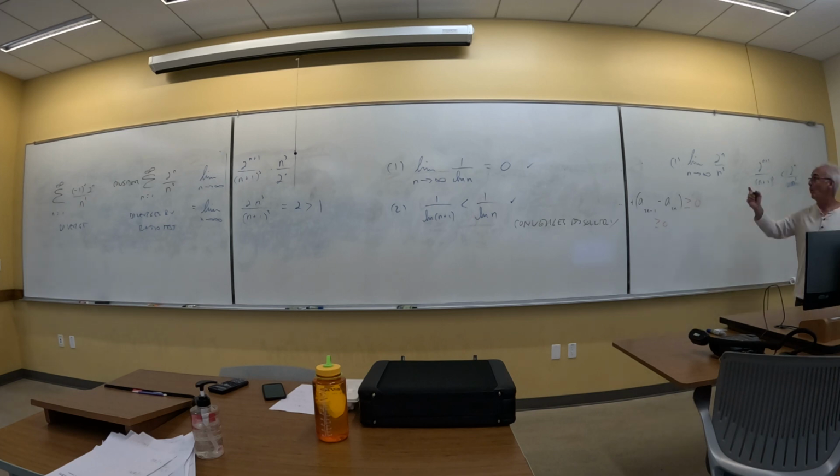And by the way, will you get 0 as a limit for this one? Does anybody know? Well, if I do L'Hopital's rule 3 times, my denominator will eventually be a constant, won't it? But my numerator will still be an exponential function, which means that limit will be infinite. Ooh. But I got to do a lot of work to show that. This one, algebraically, is going to be really difficult to manipulate.